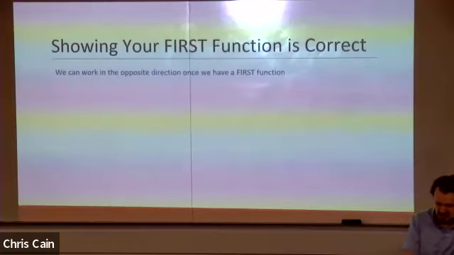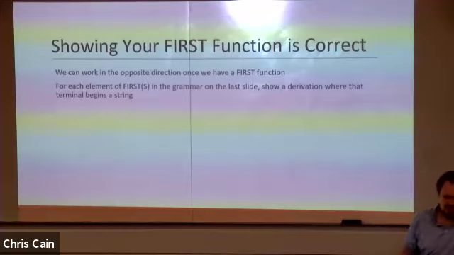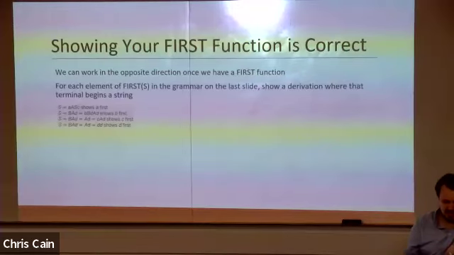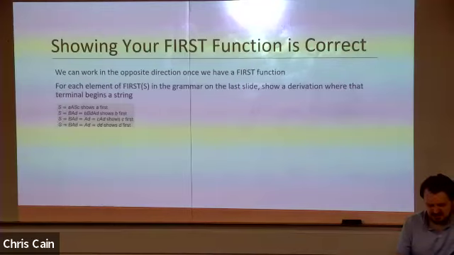So for each element of first of S, we show some derivation where we end up with a string that begins with that character. Since first of S could produce strings with A or B or C or D, now we can just come up with this sequence of derivations.